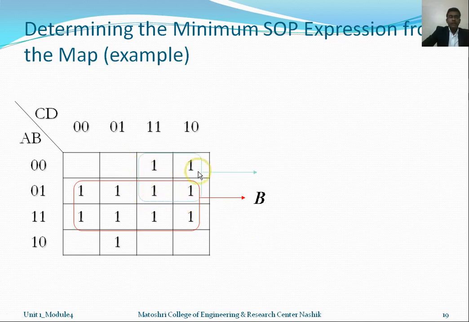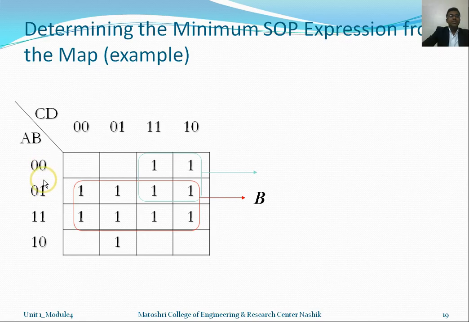Now if we make the quad of this group of 4 ones, from the row side we compare these two values, and we see that the value of A is constant whereas the value of B changes from 0 to 1.